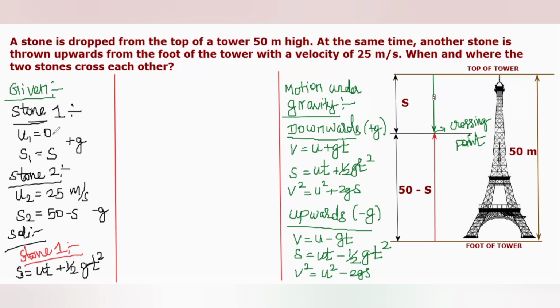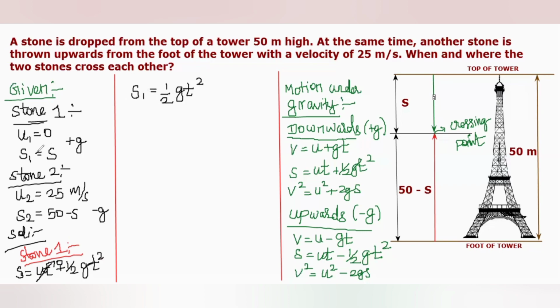It is dropped from the top of a tower, so its initial velocity will be 0. When u equals 0, the entire term will be eliminated. So we can write S1 equals 1 by 2 gt square.